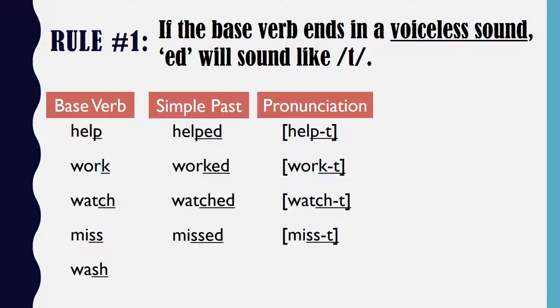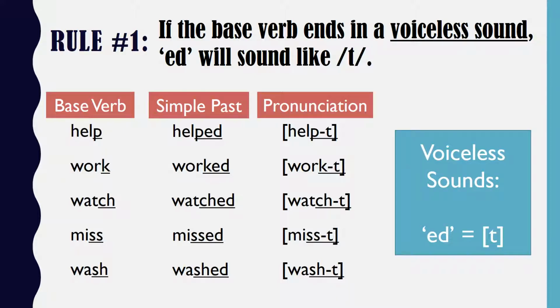Miss becomes missed, missed, missed. And finally, wash is pronounced washed, washed, washed. Remember, the spelling of these regular verbs is ed at the end, but the pronunciation is a T. So the first rule of ed sounds is that if the base verb ends in a voiceless sound, you add a T to the end.